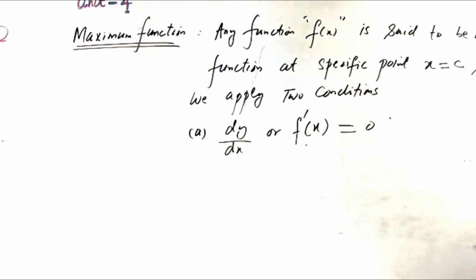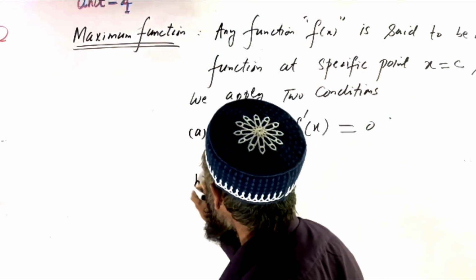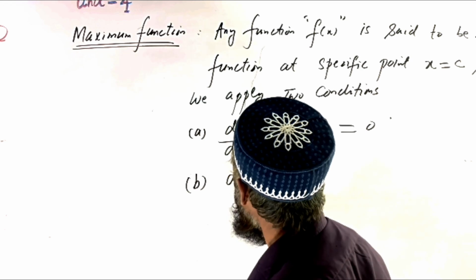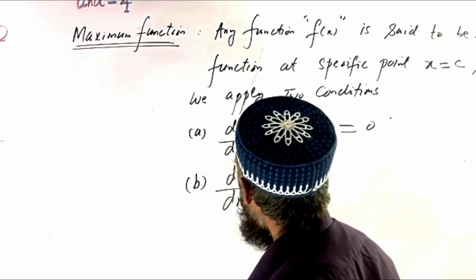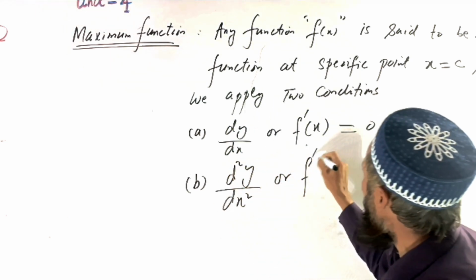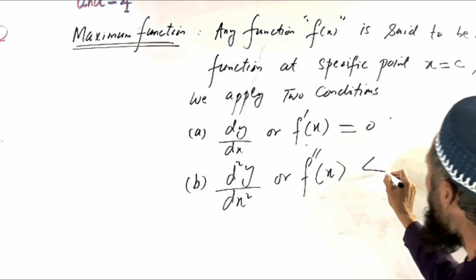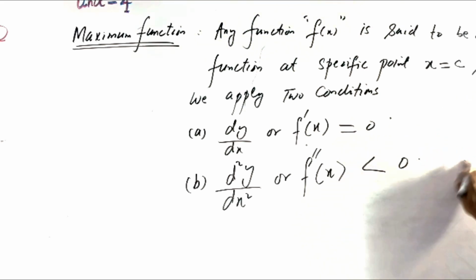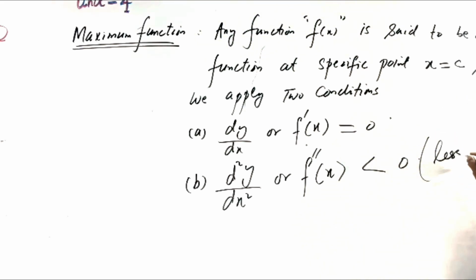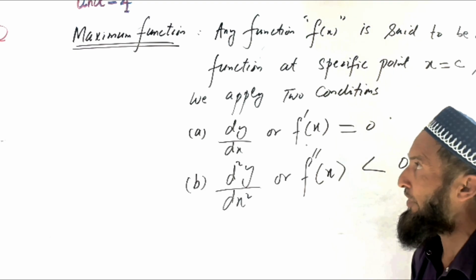Both must be 0. And the second condition we are applying, the double derivative d2y by dx square or f double dash x, is less than 0. Less than 0. So that is called a maximum function.